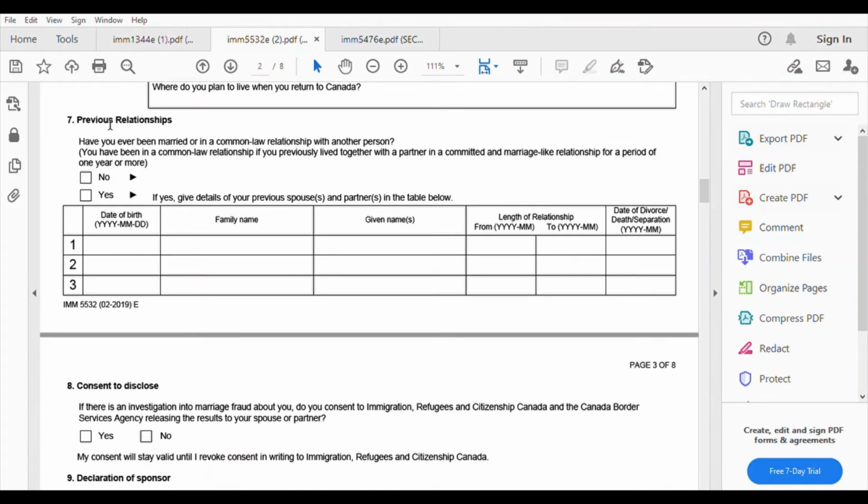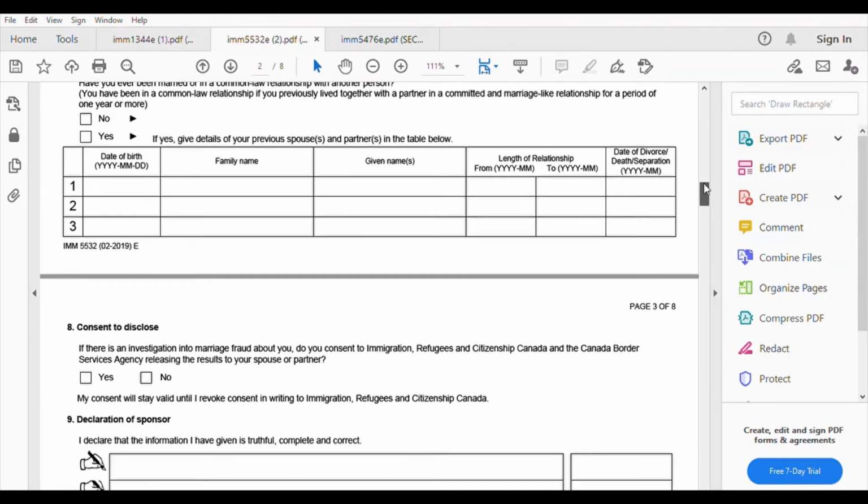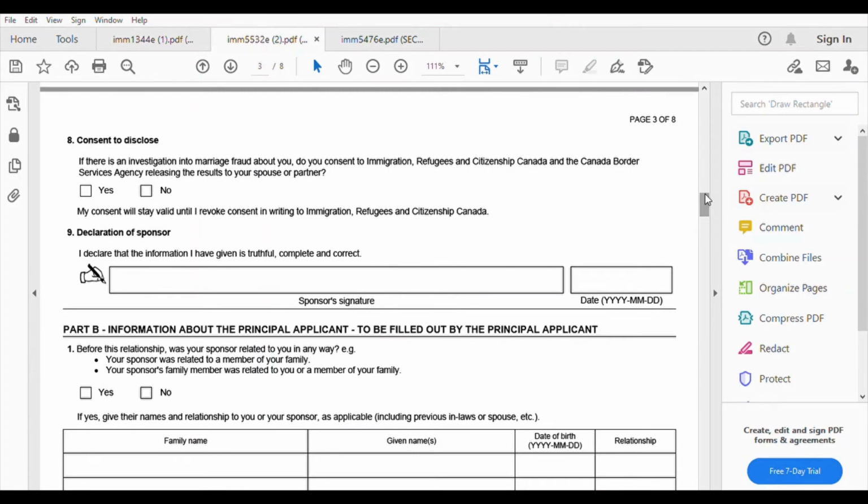Previous relationship. So if you have been married before or in a common law relationship before, you need to mention the details of the person: date of birth, family name, given name, length of relationship, from which date to which date, and date of separation or divorce. Consent to disclose.